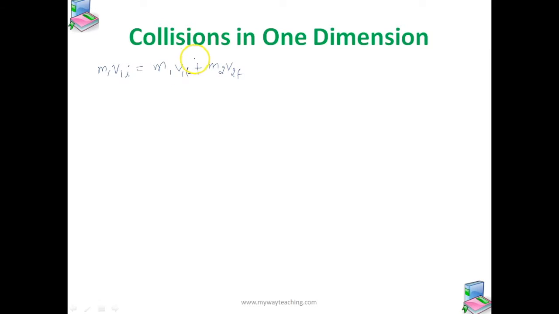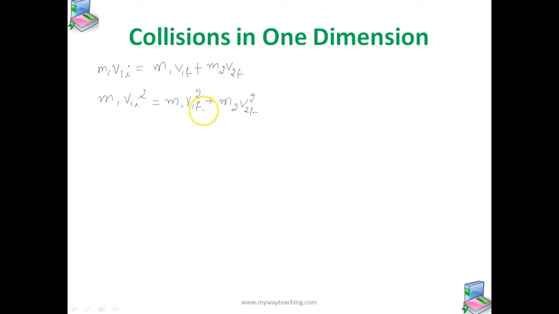That is momentum, and if you consider kinetic energy, then m1 v1i square is equal to m1 v1f square plus m2 v2f square.